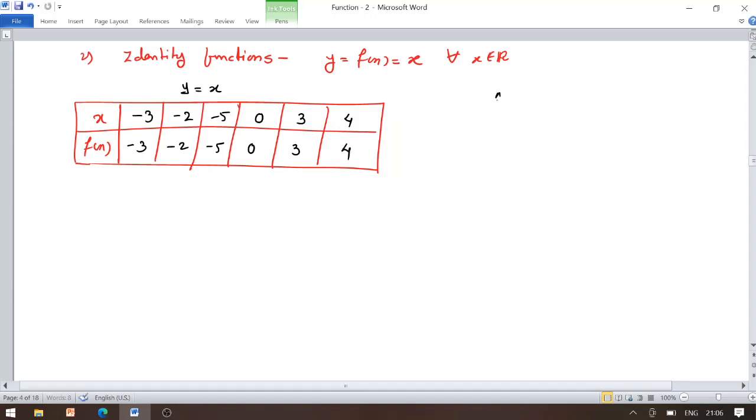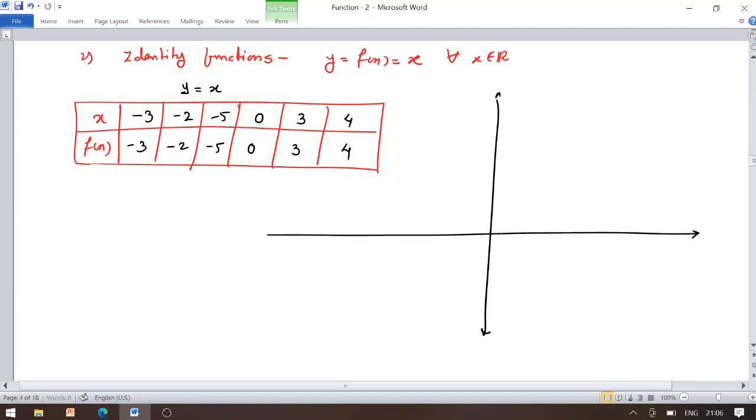So if we plot the graphical representation, it is of the form: origin 0, 0. Towards the right, all are the positive integers equally distributed. Towards the left of the origin we have the negative integers equally distributed. Like 1, 2, 3, 4, 5, 6, 7 and so on on the x-axis, minus 1, minus 2, minus 3, minus 4, minus 5, minus 6, minus 7 and so on.